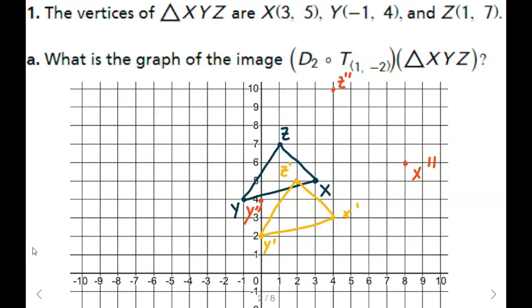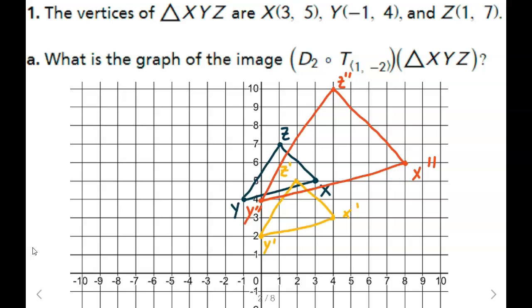And so we'll connect those. Not the straightest of lines. And so we have our similarity transformation.